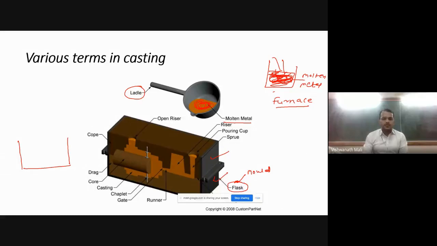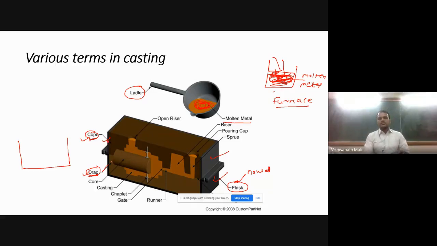Now, flask has two parts. Which two parts? Cope and drag. So here you can see the cope and drag. Upper part of flask is known as cope and lower part of flask is known as what? Drag. Here you can see this is lower part, this is upper part.